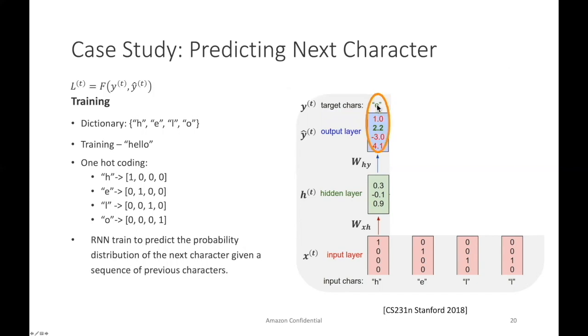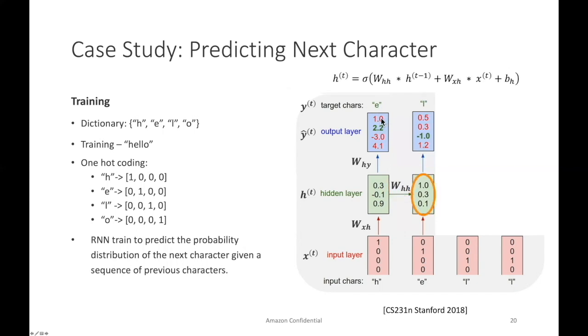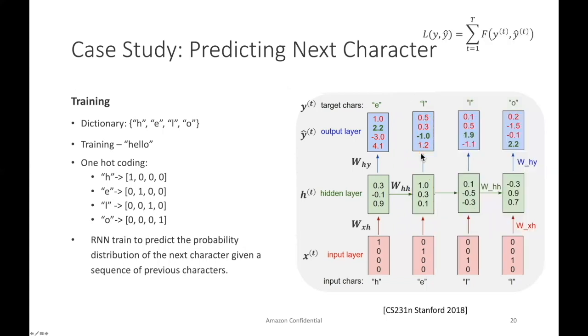Now this next character will be fed along with the hidden state into the network again, right? So this E is fed through here into the network along with the hidden state, which Whh takes care of, and the hidden state here multiplied by Whh comes here. Then that is used again in the same form as before, and that predicts the next letter. Something like this. And finally, the loss is basically whether I predicted each of these letters correctly, and that's the loss function here.